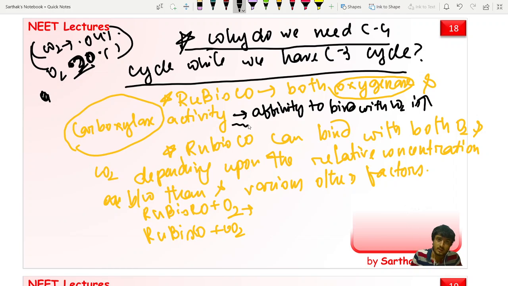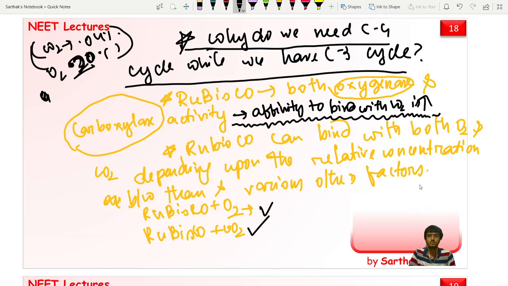But it is a carbon dioxide fixing enzyme, and it helps in photosynthesis. So the affinity to bind with CO2 is more, because in most of the cases it binds with CO2. But the enzyme can bind also with O2 and also with CO2.